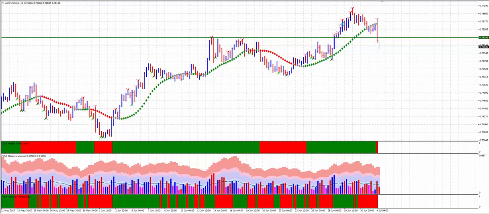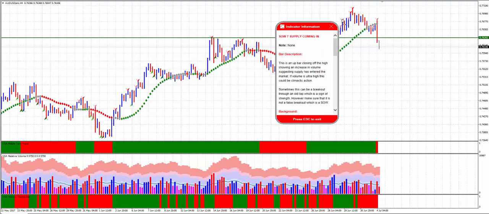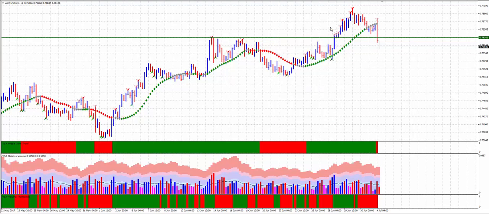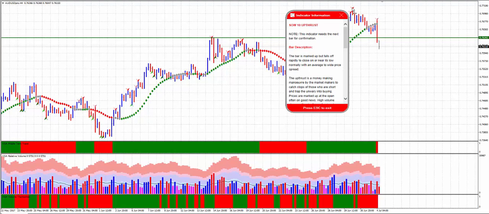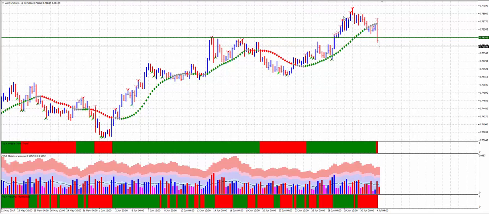We saw price move up, giving us signs of weakness, supply coming in, which gave us no demand and also an upthrust, so plenty of weakness around that 77 cents level. Since those highs, we've seen the Aussie dollar versus the US just fall away.